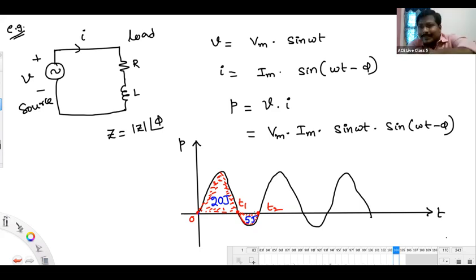Again, the source delivers energy to the load, and some part goes back to the source. This 5 joules of energy is unnecessarily, unwantedly circulating from the source to load and back from load to source. This energy we call reactive energy, because it is not doing any work for me.